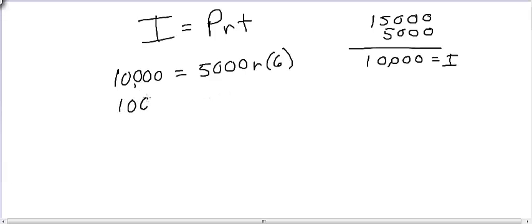I can simplify my right side and say 5,000 times 6 will give me 30,000. So now I have 30,000 times R. To solve for r, I'll divide each side by 30,000.